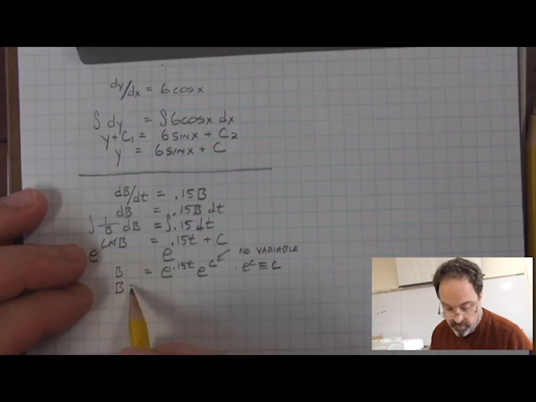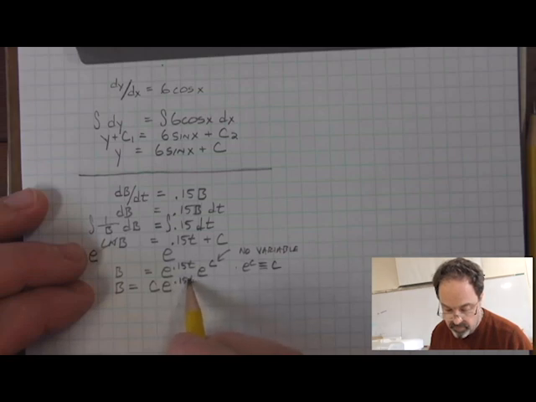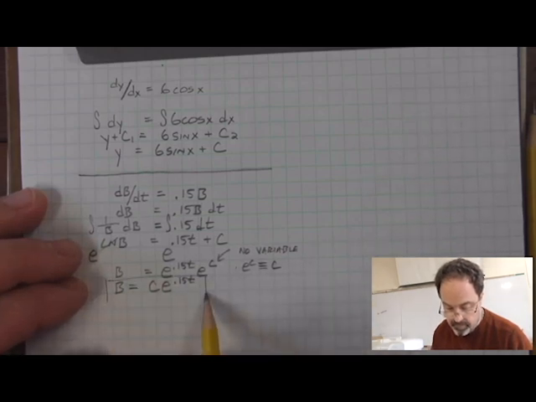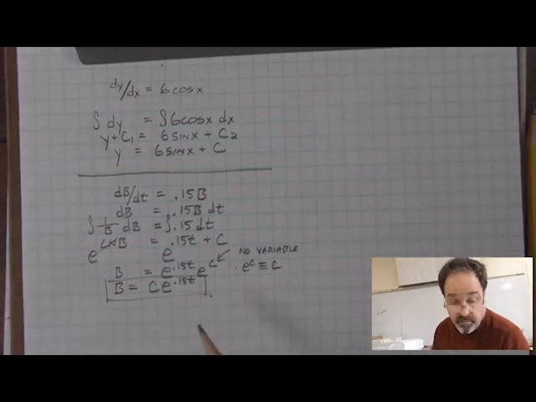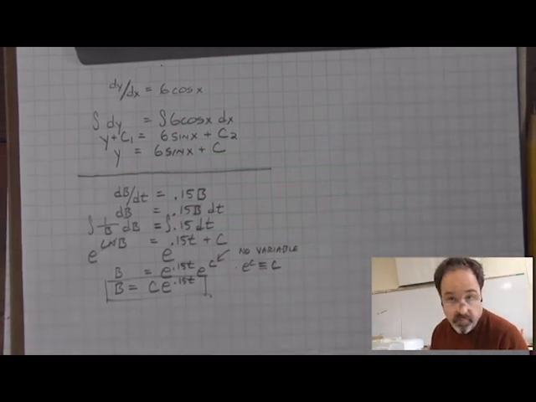So we have the final equation: b is equal to the constant of integration times e to the 0.15t. This is the best form because the constant of integration is expressed as a factor instead of a piece of the exponent of another factor.